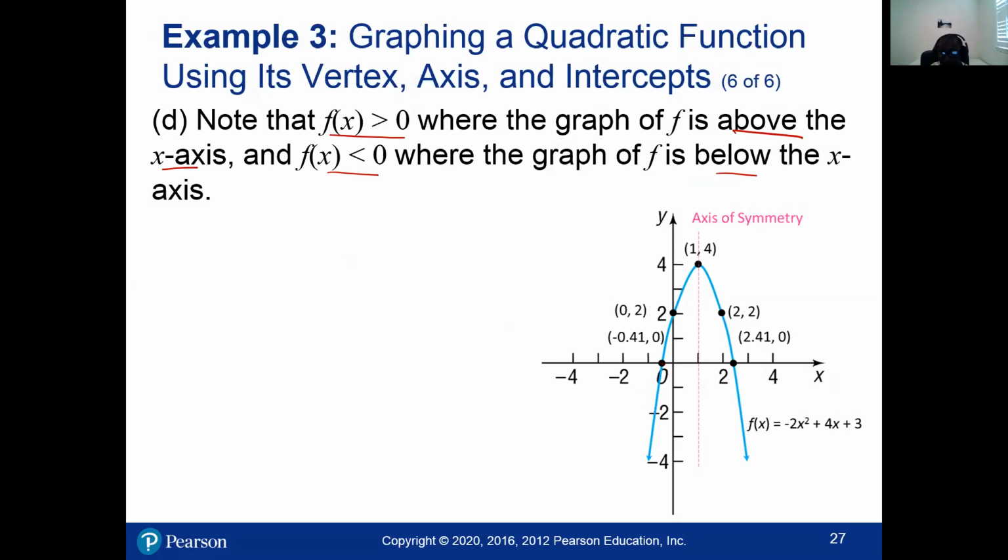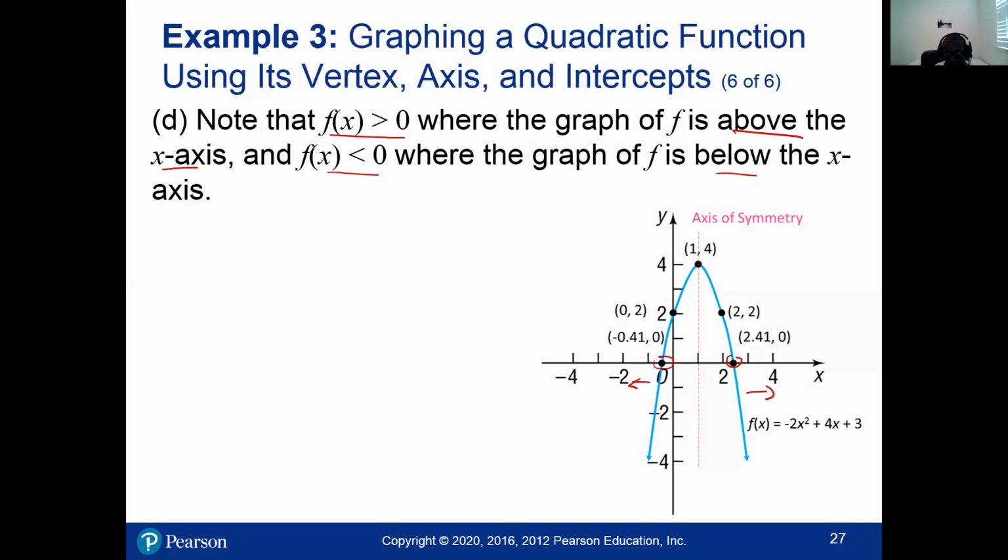When x is between these values, it is above it, and to the left of that, it is below the x-axis.